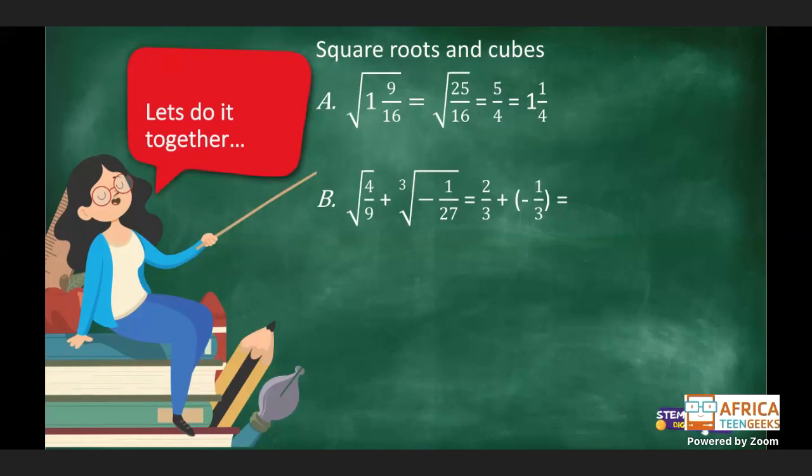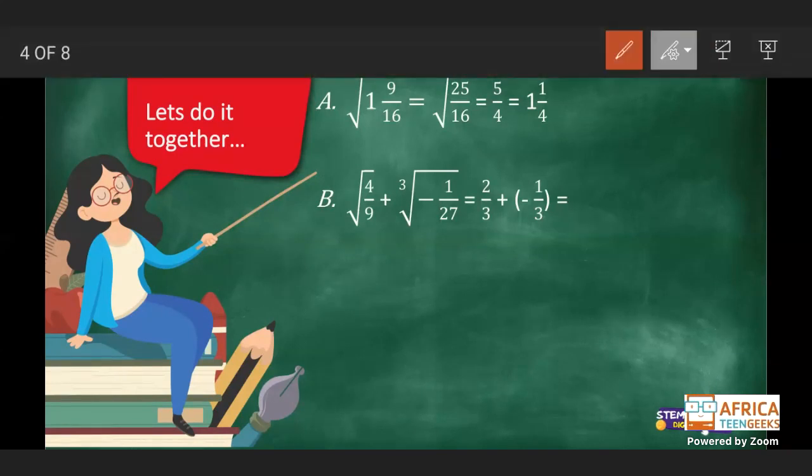To convert your mixed fraction to an improper fraction, you know what you need to do. Basically, we'll say 16, let's multiply right here. We can use green ink. 16 multiplied by 1 plus 9.